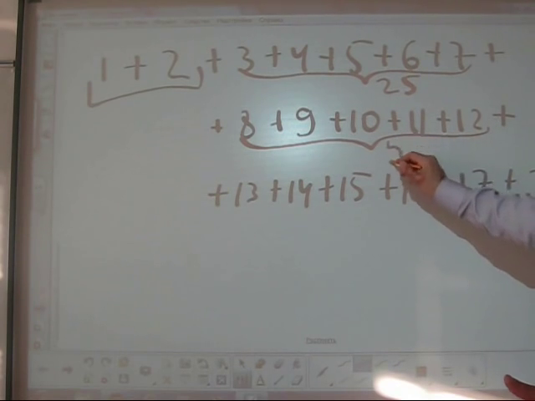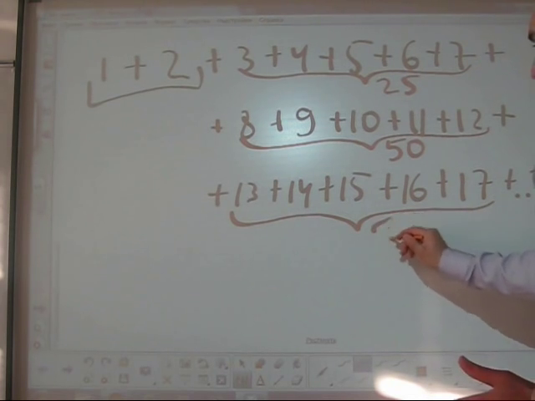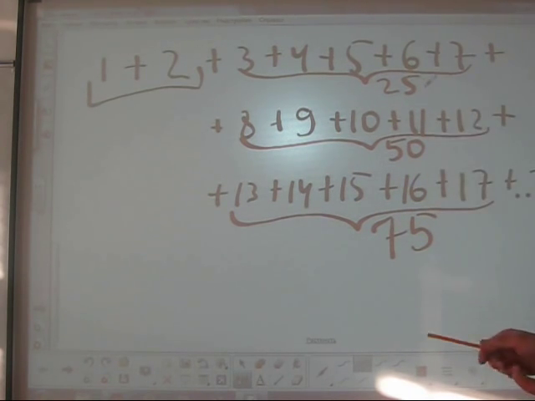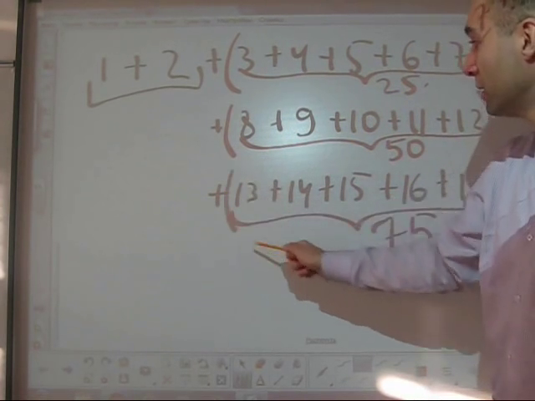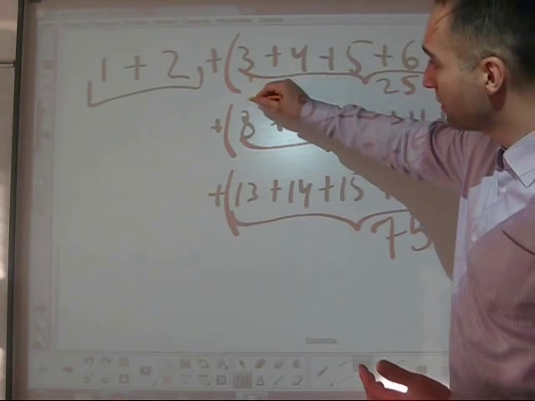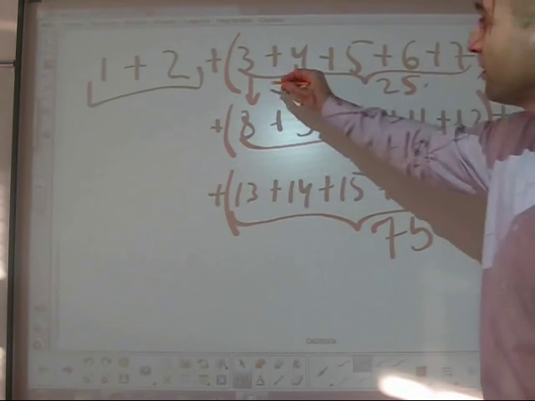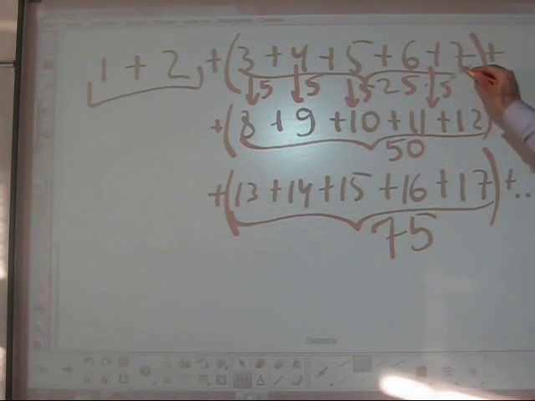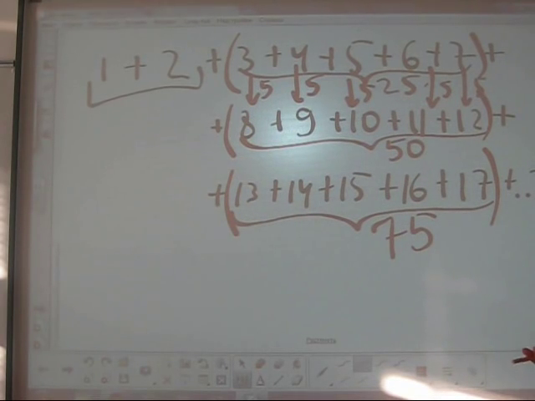Now here we get 50. You can check it. And the next one is 75. So they all are multiples of 25. And since we have 5 numbers in each group, and every number grows when we go from one group to another, and the difference is 5 for each number, obviously every next group is greater than the previous, and the difference is 25.